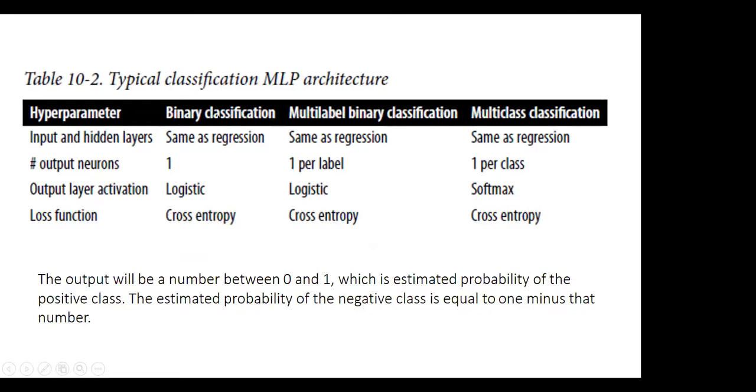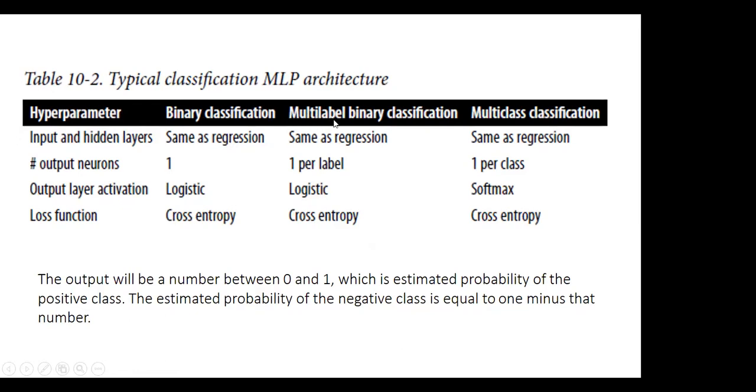A binary classification, for example, is if we want to predict if a patient has a disease or not. So the input and hidden layers are the same as the regression, but the output neuron would be 1. And we use the sigmoid activation function and binary cross entropy loss for binary classification.